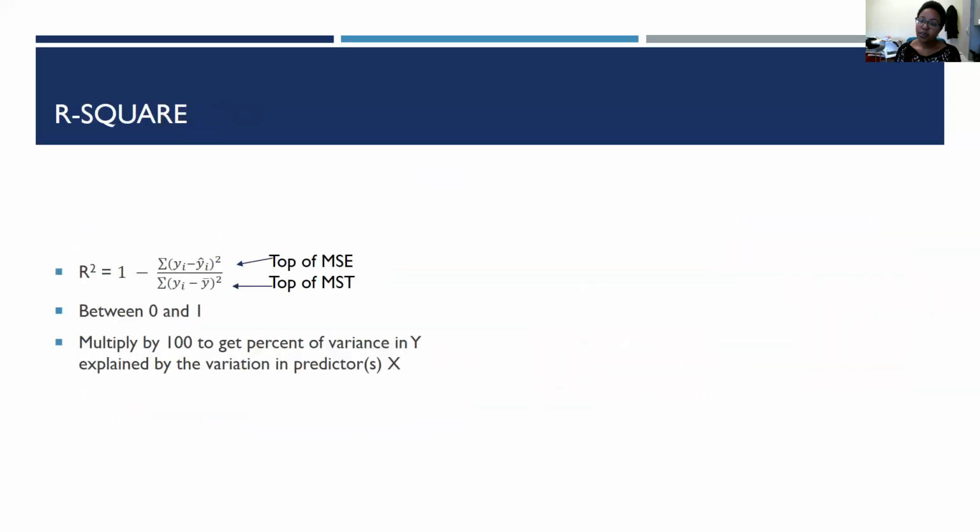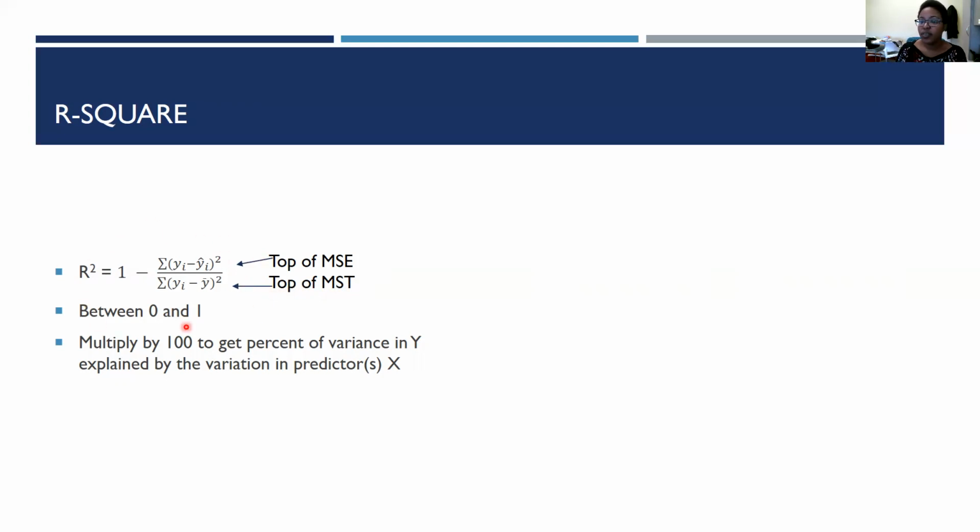And then the last number that we learned about is the R square, and that tells us how much of all the variance in the data has been explained by the fit line. This is the ratio of the sum of squared errors from the mean square error to the total sum of squared errors. So this is the top of our mean square total number right here.